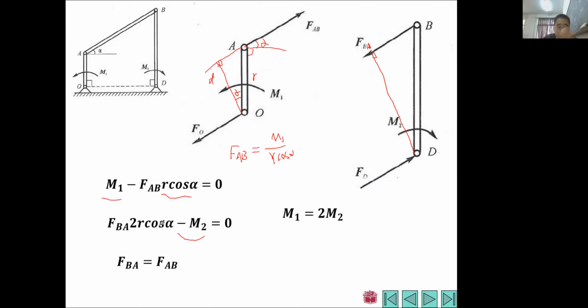So double R actually is the length of BD. Why is this angle alpha? Can you guys understand? Maybe I will use the original figure here and draw a perpendicular line here. So why is this angle alpha?